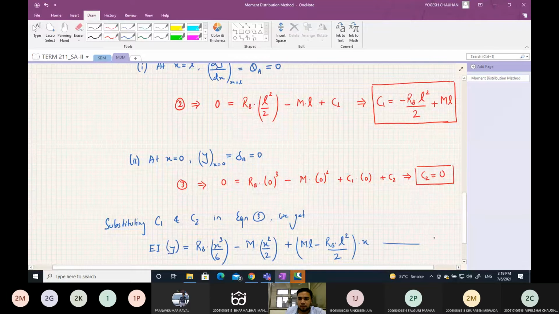This is the equation. Mark this as equation number 4.